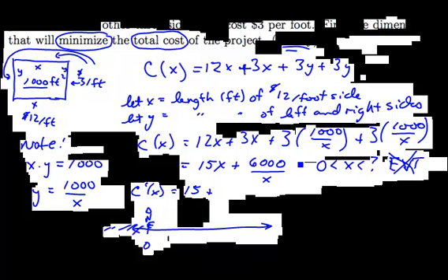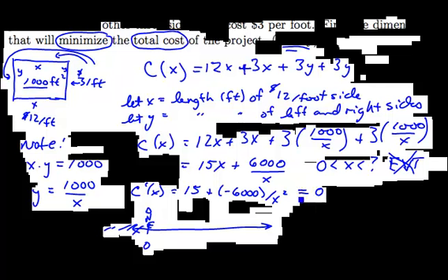And if I do some algebra, let's move this 6,000 over x squared to the other side. I get that 15's got to be 6,000 over x squared, or x squared has to be 6,000 over 15, which is the number, let's see, that works out to be 400.